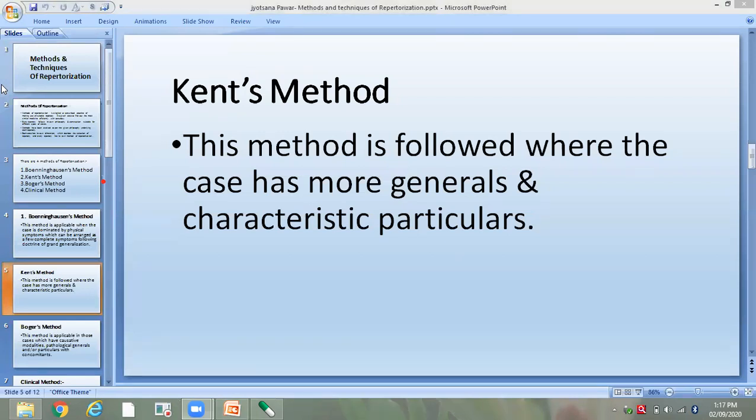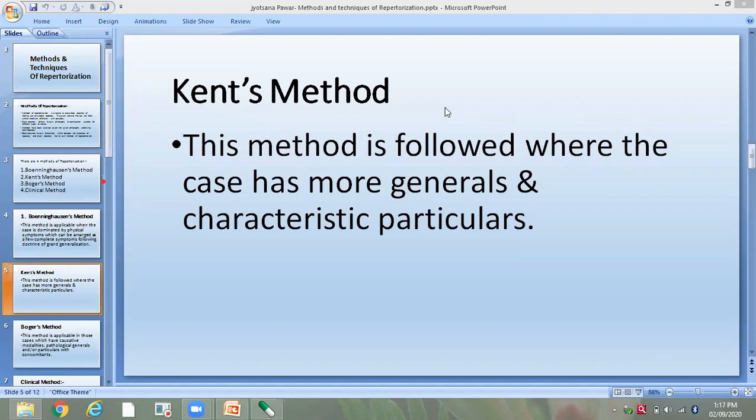What is a particular symptom? Yes, Rani? General symptoms are related to the whole body, and particular symptoms are related to a particular organ. Very good. So general symptoms are related to the whole person, and particular symptoms are related to one particular part, system or organ.